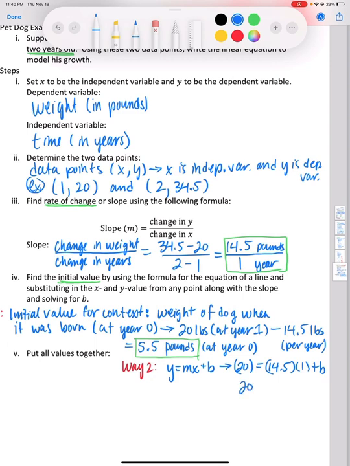So we're saying 20 is equal to 14.5 plus b. Then we'll subtract 14.5 from both sides.